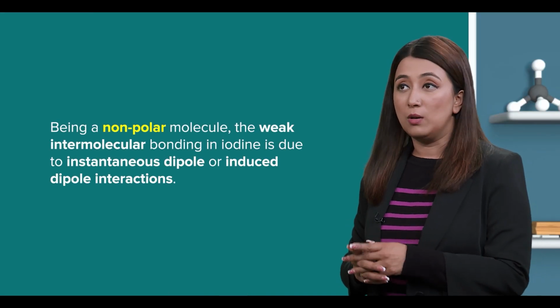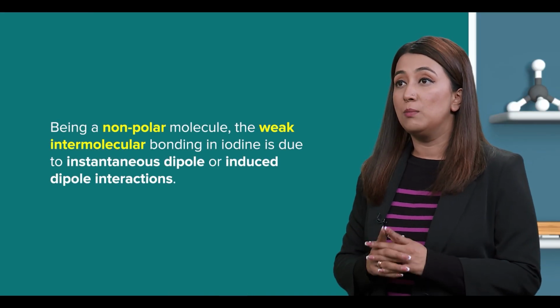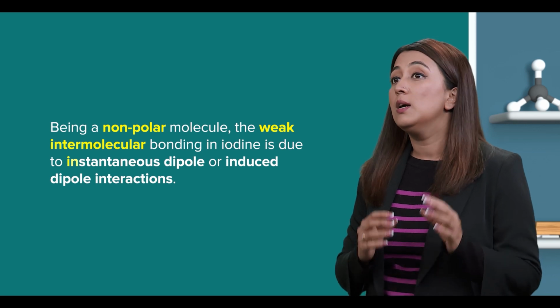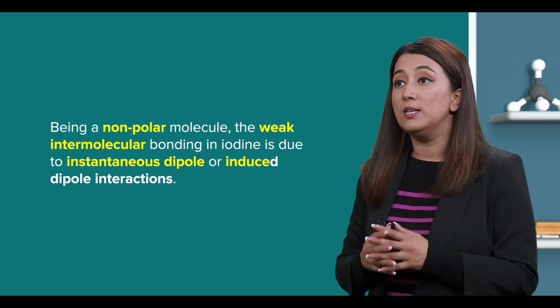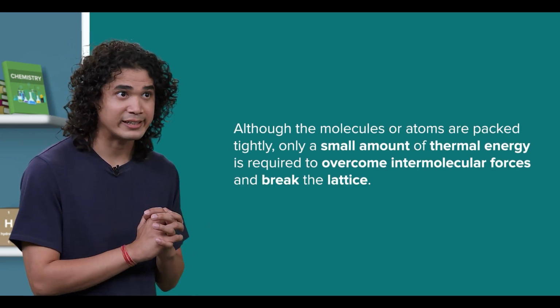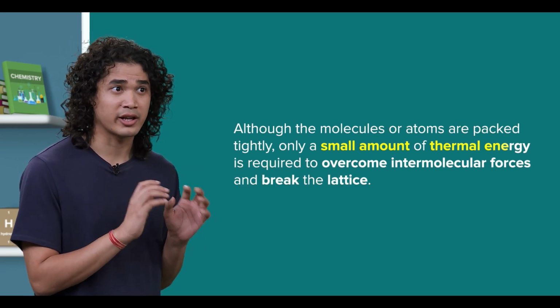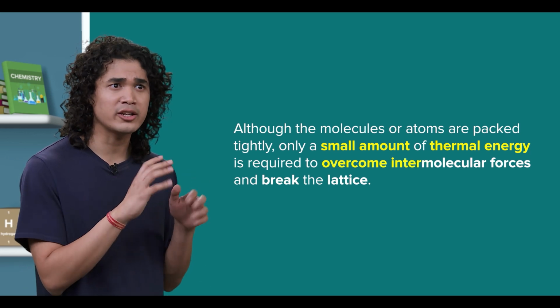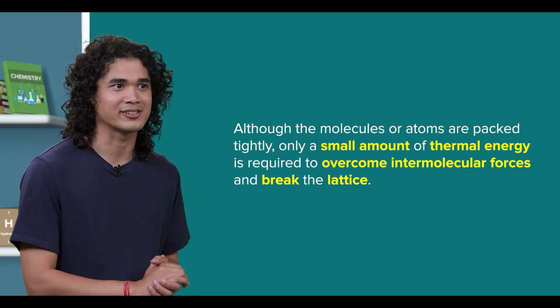Being a nonpolar molecule, the weak intermolecular bonding in iodine is due to instantaneous dipole or induced dipole interactions. Although the molecules or atoms are packed tightly, only a small amount of thermal energy is required to overcome intermolecular forces and break the lattice. Nicely explained. Do you know any of the other properties of a simple molecular lattice?